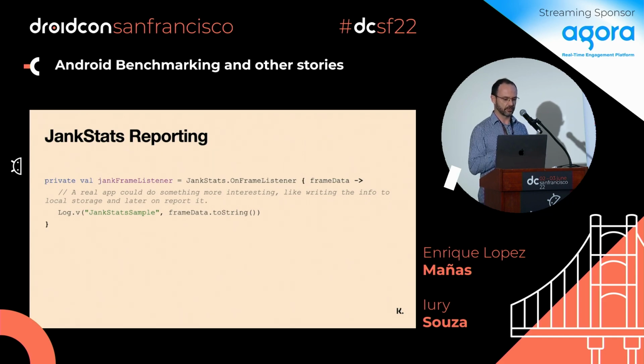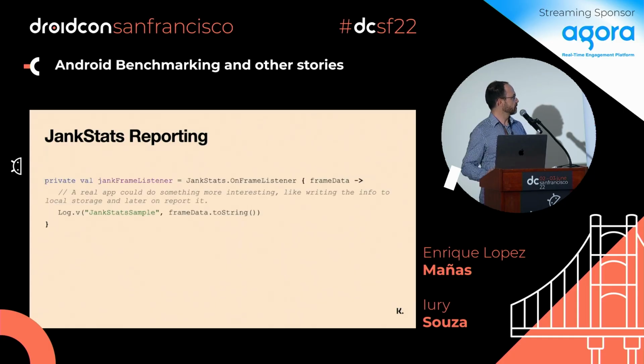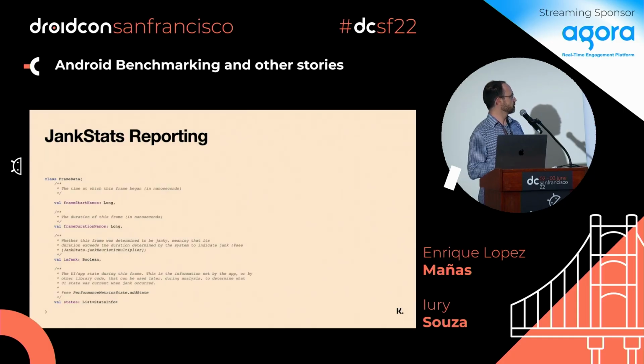We see that when we create this listener, we have the frame data value, and then we could use it to log anything. In this case, it's a sample one. In an interesting app, we will be doing things like writing in local storage or whatever we want to do. And the frame data that you see here coming from the on-frame listener contains those values from here.